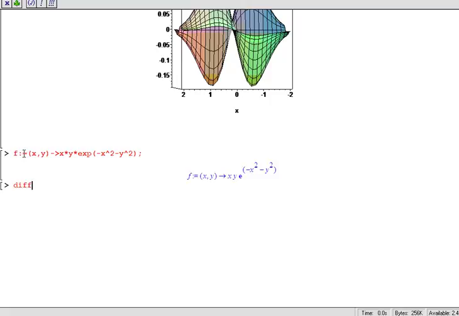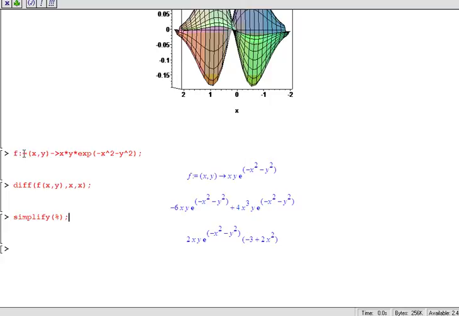And I want to differentiate f of x, y with respect to x twice. So this is f of xx. See how simple that was? Instead of doing everything we just finished doing, if we simplify it, it factors it for us.